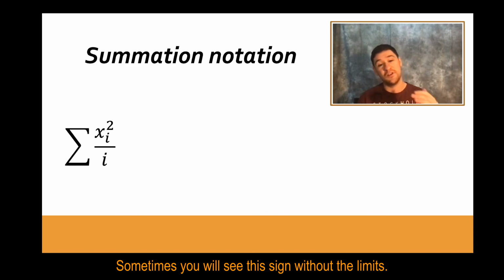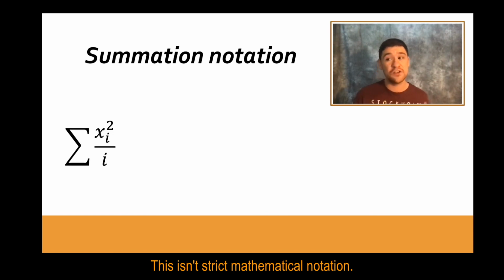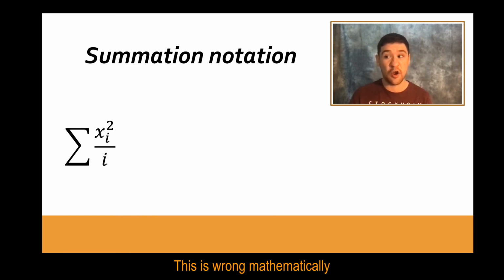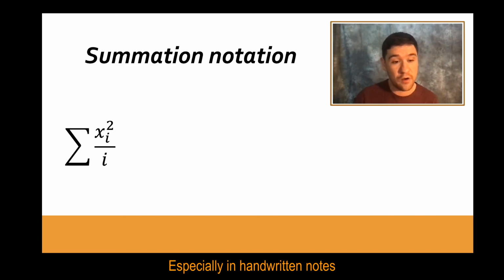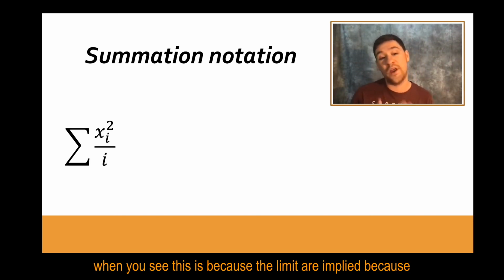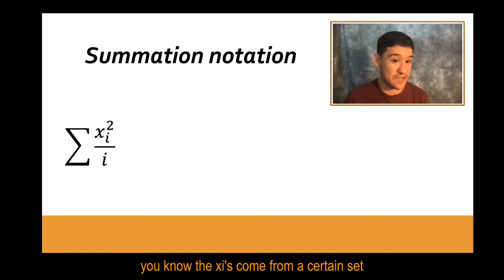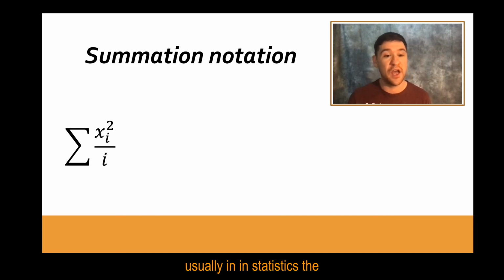Sometimes you will see this sign without limits. Now this isn't strict mathematical notation, this is wrong mathematically, but it is something you see very commonly written down, especially in handwritten notes. When you see this, it's because the limits are implied, because you know the xi's come from a certain set.